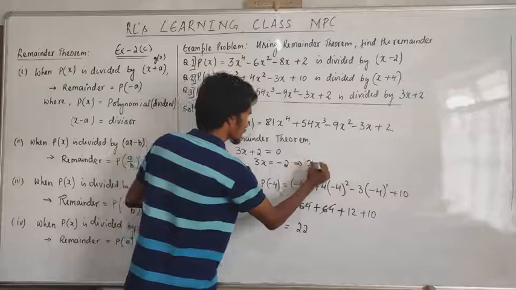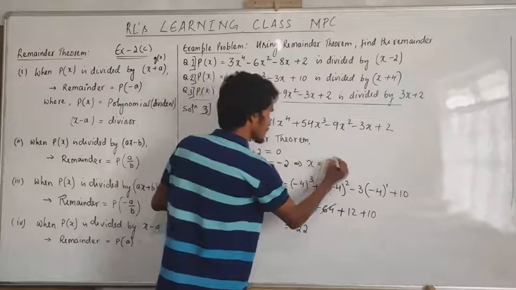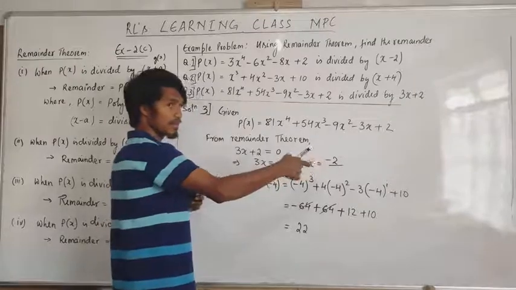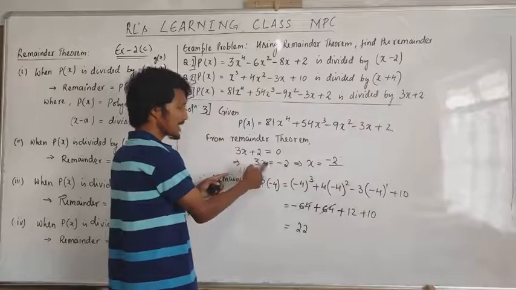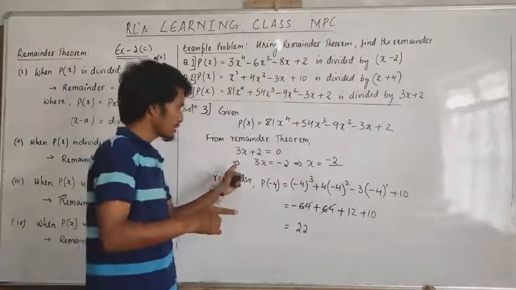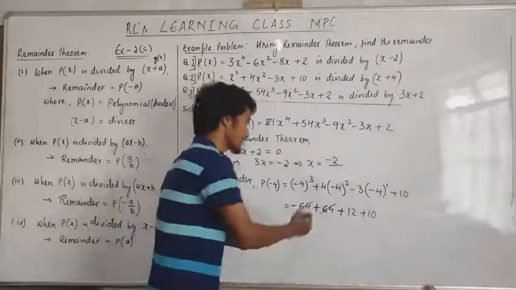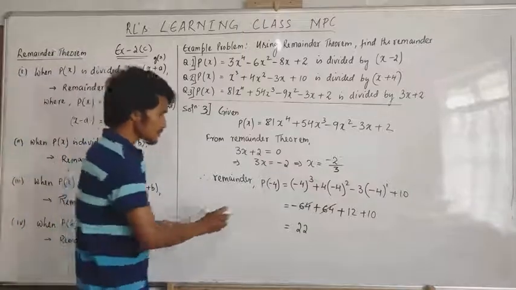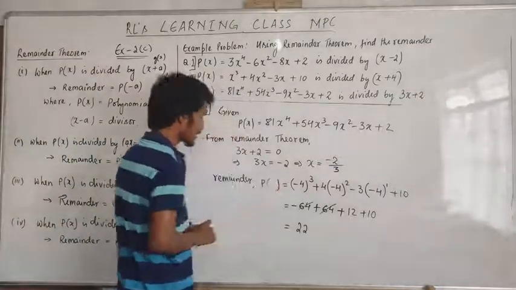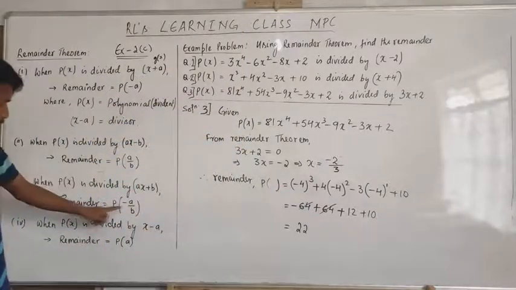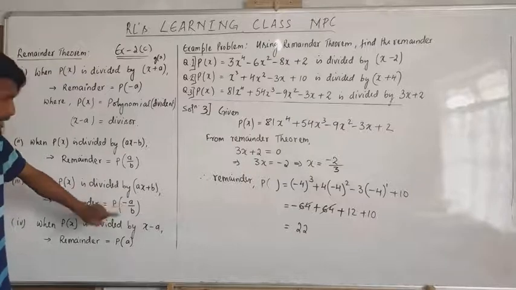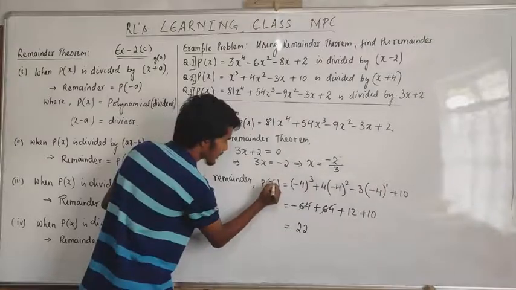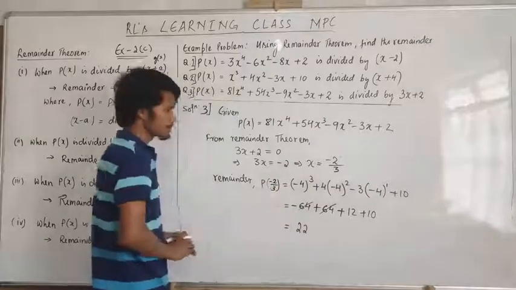Then we get x is equal to minus 2 divided by 3. If you take this 3 to the right side, because between 3 and x is a multiplication, when you take it to that side it changes to division, so I put minus 2 by 3. Then what we have to put in p of x is p of minus a by b, which here is minus 2 by 3.